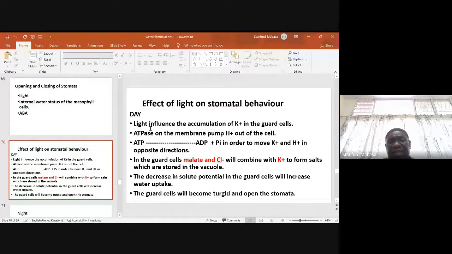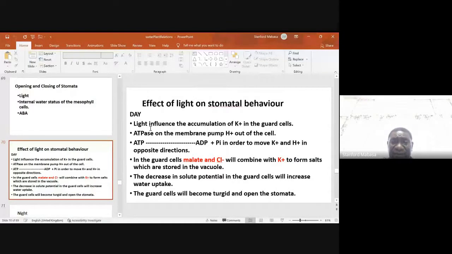And we've got an enzyme known as ATPase on the membrane, which can pump hydrogen ions out of the cell.